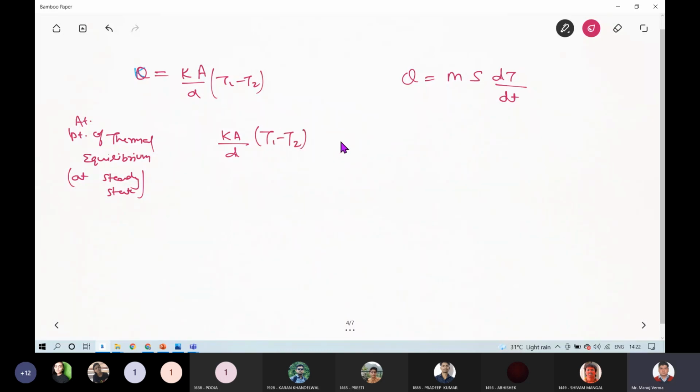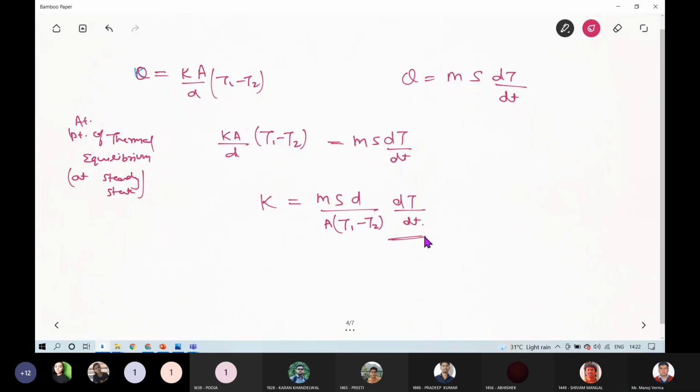So if I equate these expressions, this leads us to the value for K. The value of K will be m S d by A, divided by (T1 minus T2), multiplied by dT by dt.